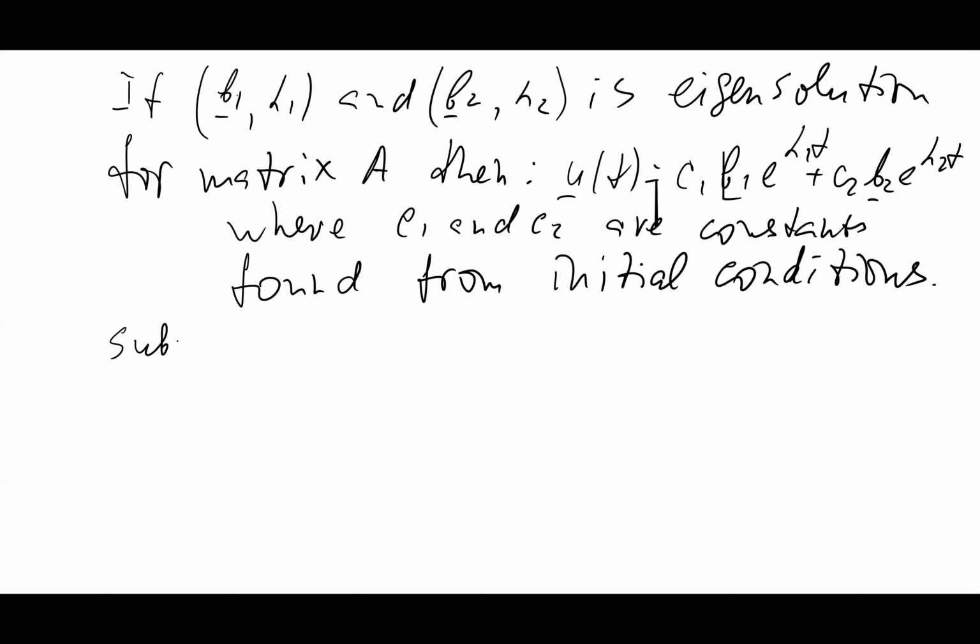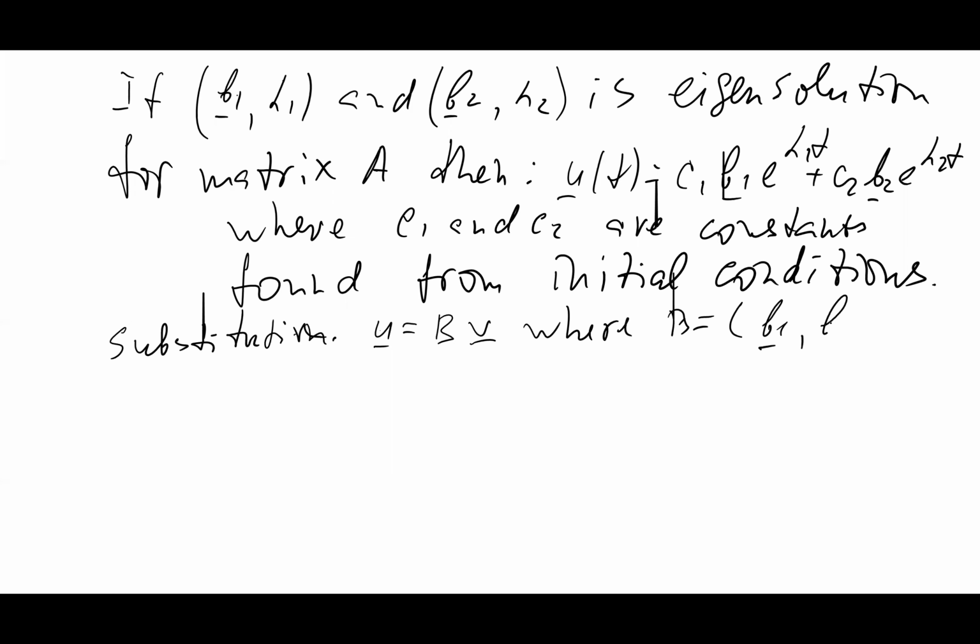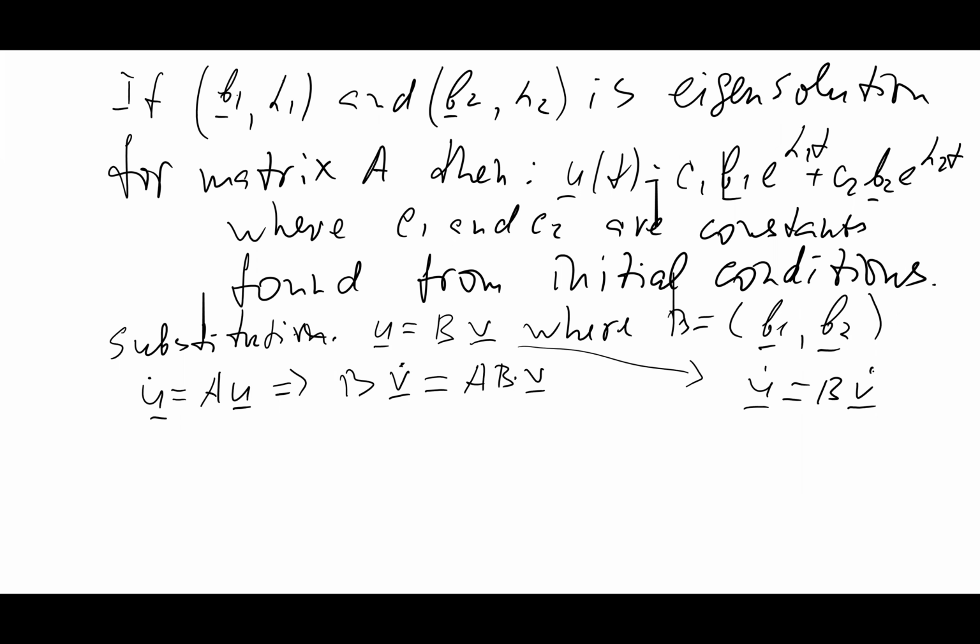Let's make a substitution: U equals some matrix B times some V, where matrix B has columns vector B1 and vector B2, which are eigenvectors of matrix A. Therefore, U dot equals A U will be represented as B times V dot equal to A B times vector V. So if U equals BV, then U dot is also equal to B V dot, because matrix B is constant.